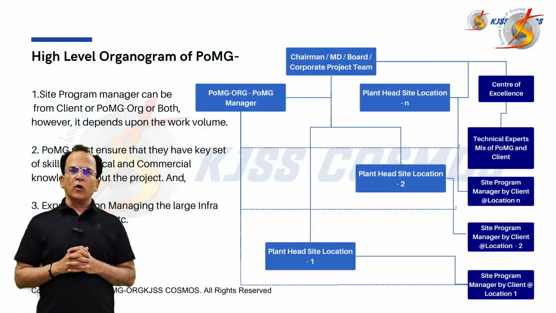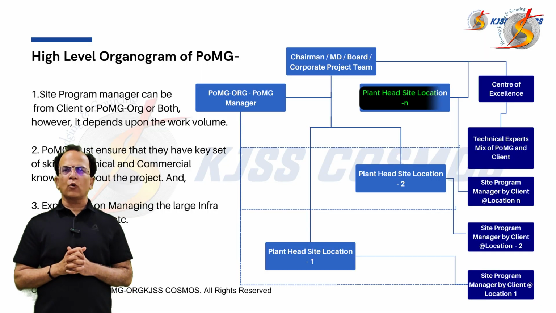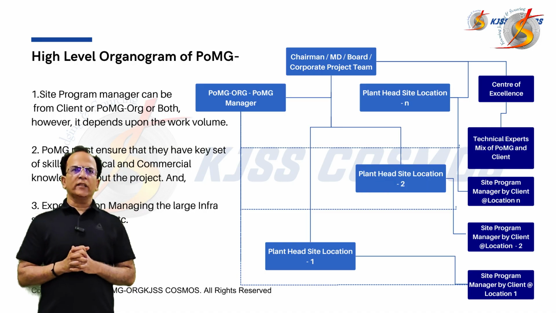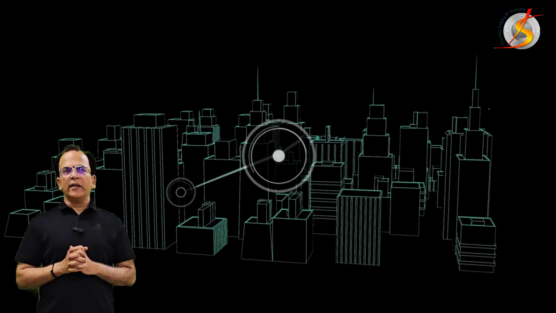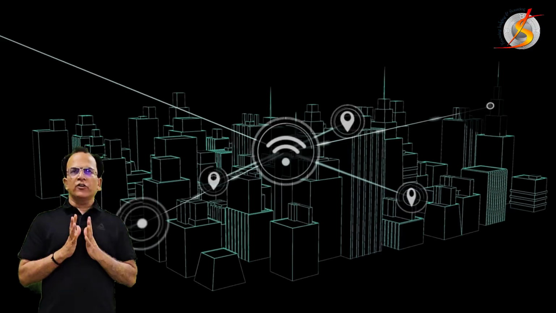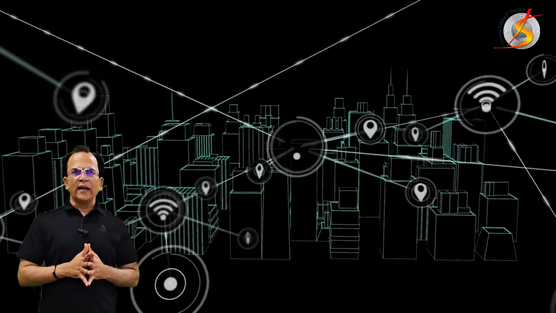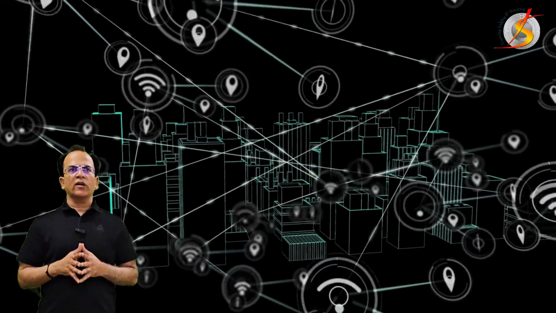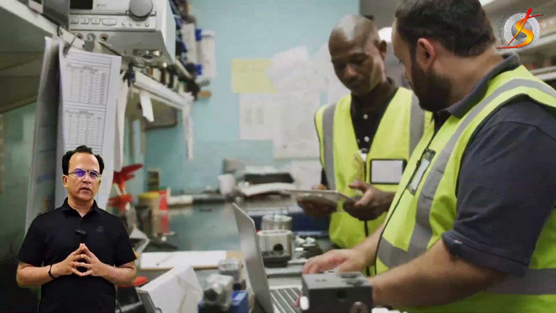PoMG-ORG means the PoMG manager is responsible for the overall coordination of the program management group within the organization. He manages the internal team, ensures alignment with the client program requirement, and also acts as a bridge between corporate leadership and on-ground execution teams.